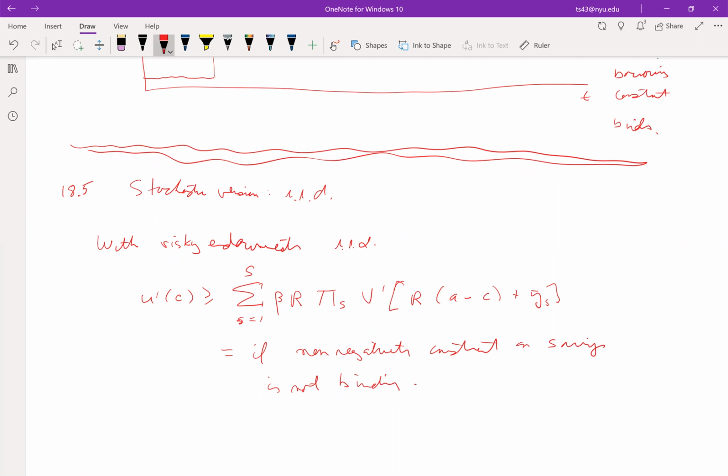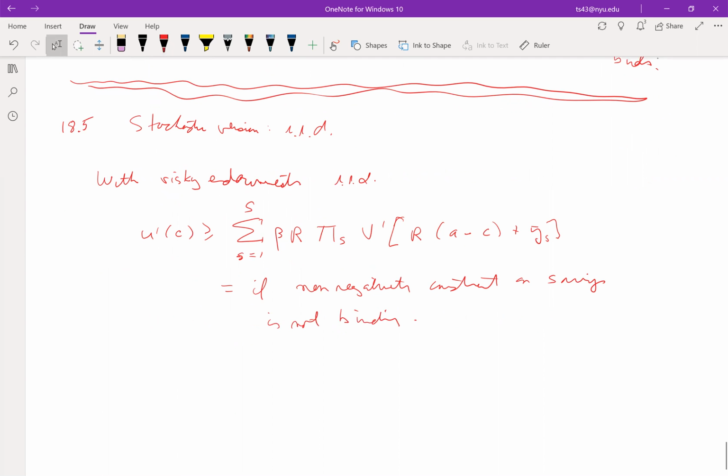So this equation, I'll let you look at the technicalities. This can be translated to this, because we've assumed beta R is equal to 1.